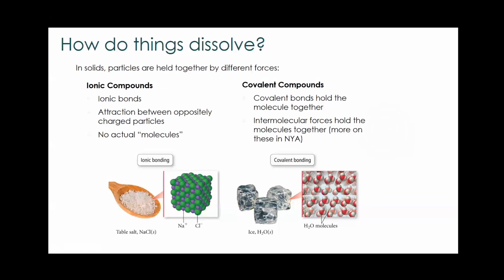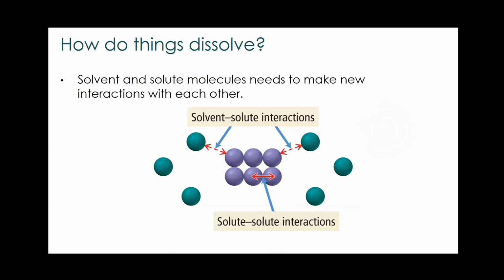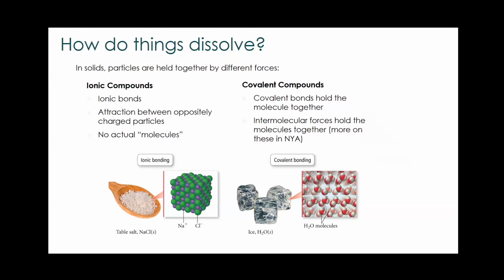So for example, in water, you have this hydrogen that is bonded only to this oxygen. And the whole big bulk thing is held together by what we call intermolecular forces, which we will deal with next semester.